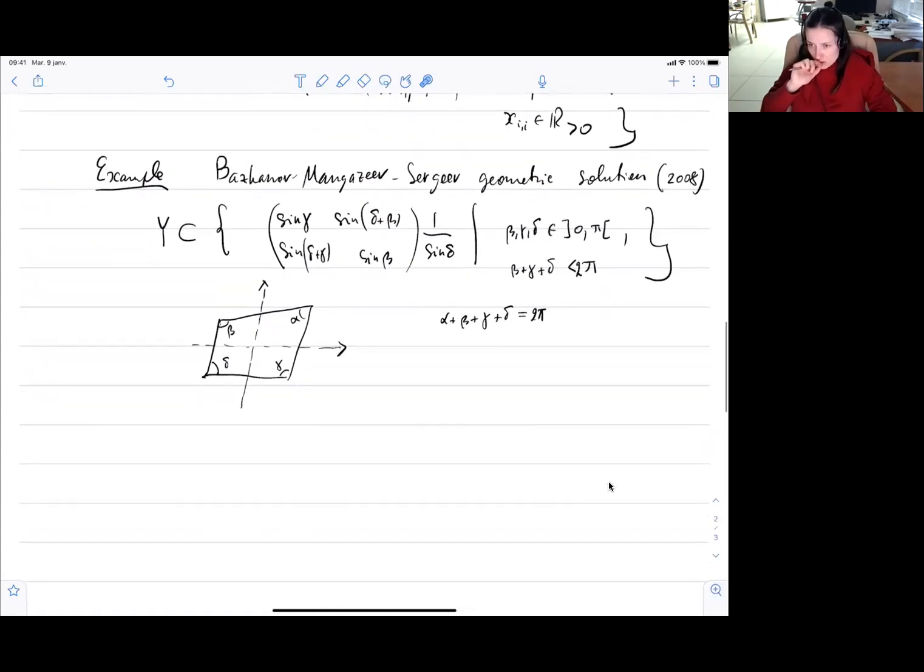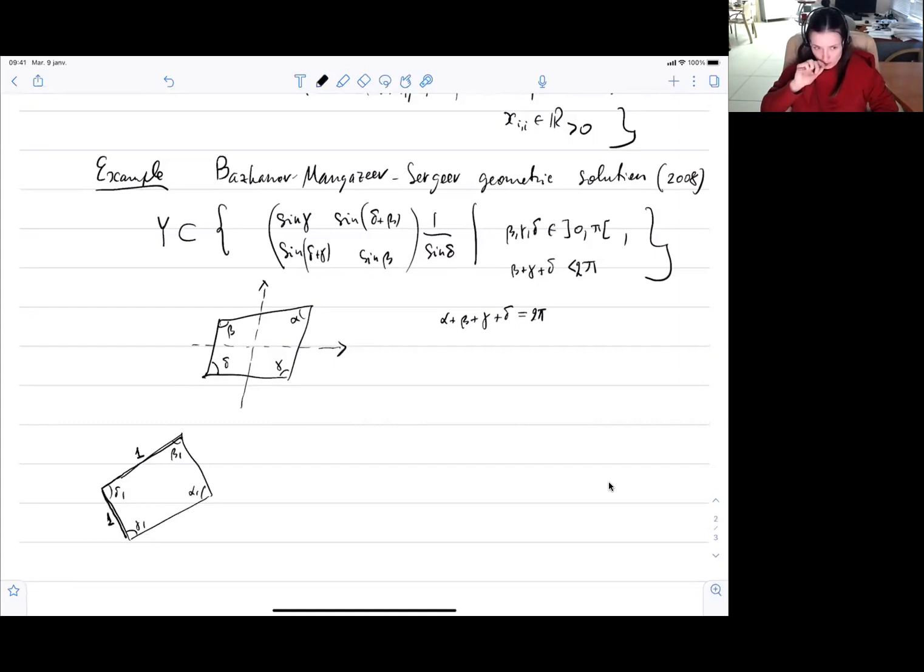Let me pick a first quadrilateral with angles delta 1, alpha 1, gamma 1, beta 1, but I fix this side to be of length 1, and this side to be of length 1. And then I just draw it on the plane.